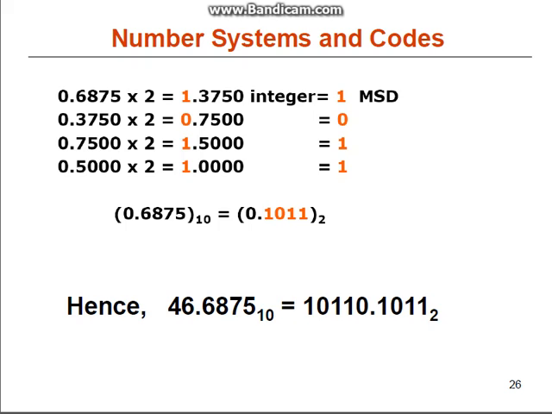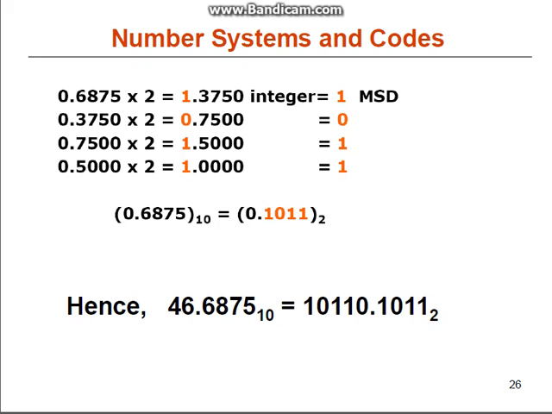Whatever you get, let's say over here, is 1.3750. Then you take the part after the point form, so this becomes 0.3750. See this 3750 here, it's from here, and then you times 2 again, you get 0.75. Take it back, 0.75 times 2.